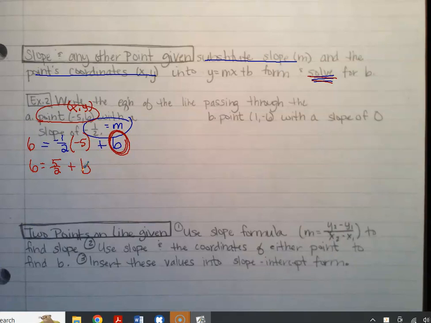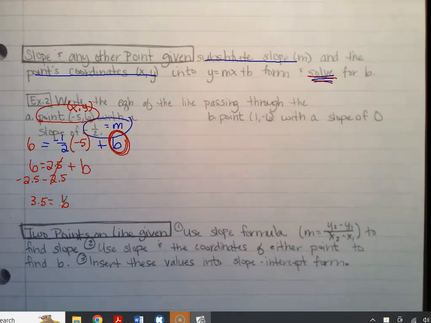Then we're going to subtract the 5/2, or the 2.5, from 6. So what is 6 minus 2.5? 3.5 equals 2.5 minus 2.5 plus b. Well, those equal 0, so I'm just going to cross them out. So 3.5 equals b.